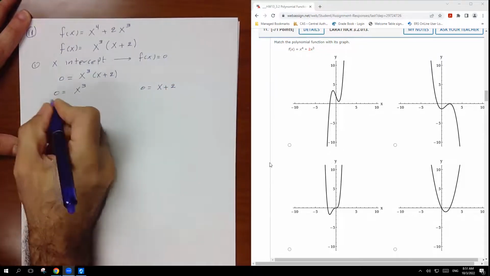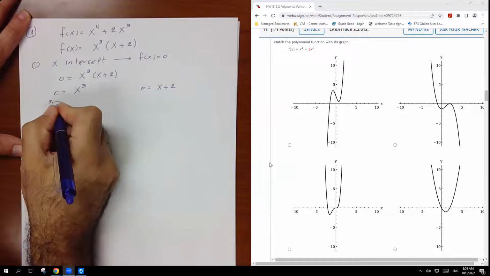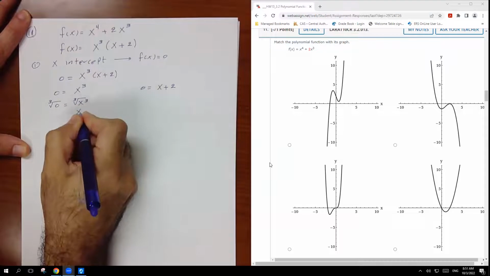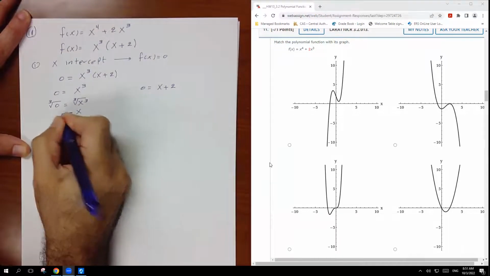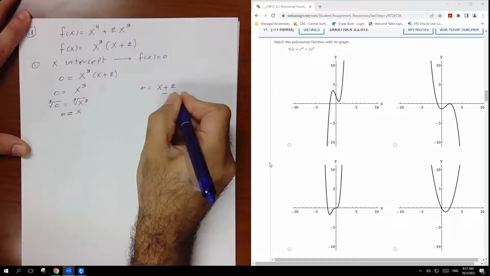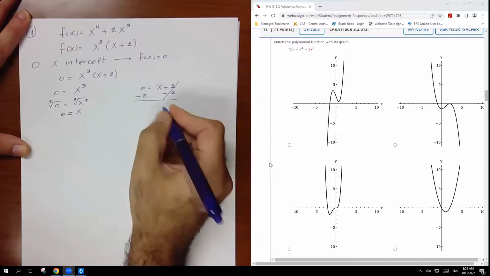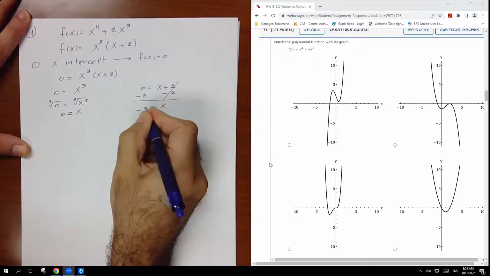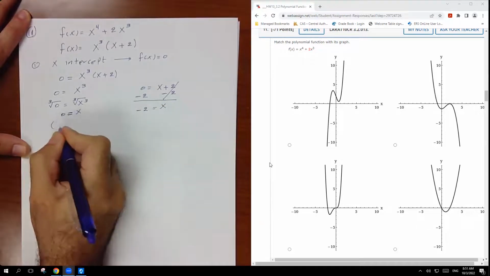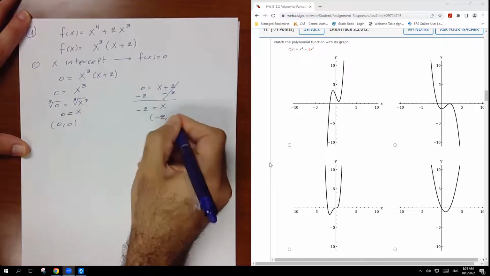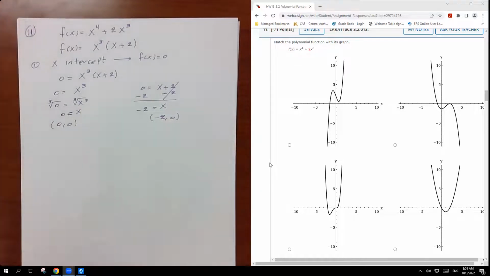Take the cubic root for both sides. That means x equals 0. On the other side, minus 2, minus 2, so x is going to equal negative 2. That means I have two x-intercepts, which are 0, 0, and negative 2, 0. I'm done with this step.